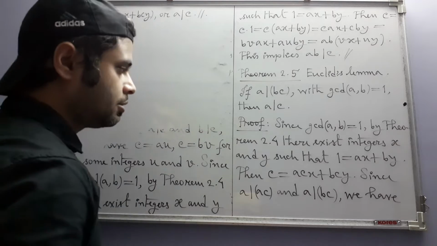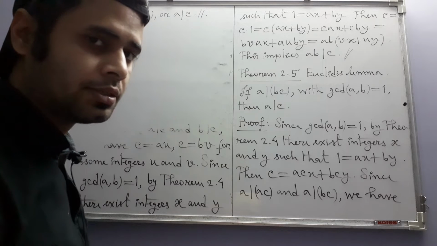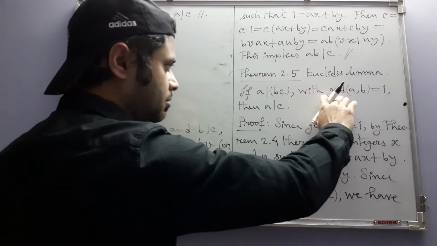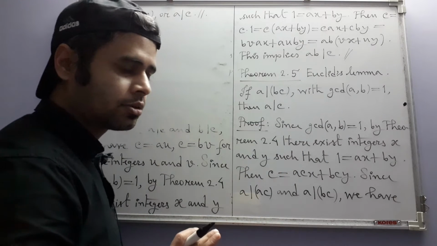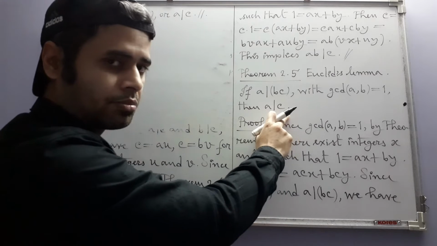Now the condition in Euclid's lemma that a and b have to be relatively prime is necessary for this lemma to work. If you lift this condition, if you don't assume it, then this would not necessarily imply this.